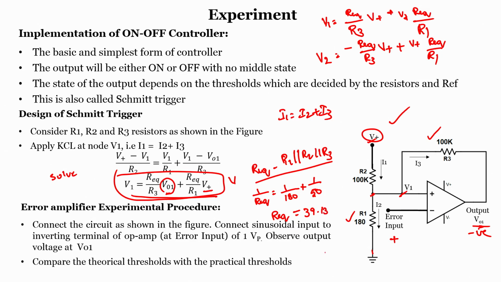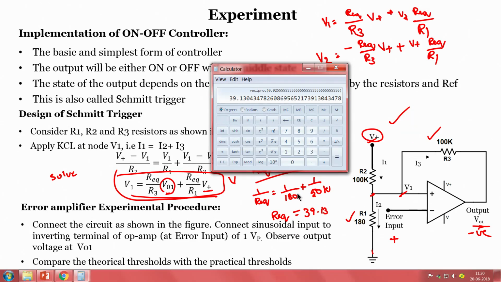Okay, one more thing: this is 50 K, this is ohm. So, whatever calculation we made is wrong. Let me do it once again, 1 by 100 plus 1 divided by 100.